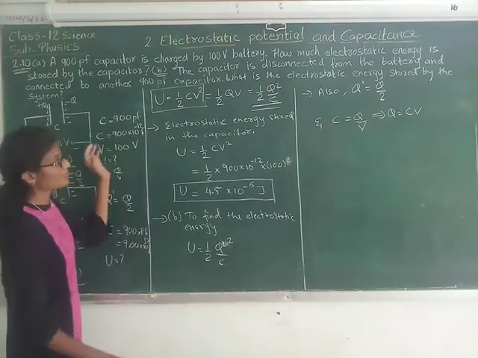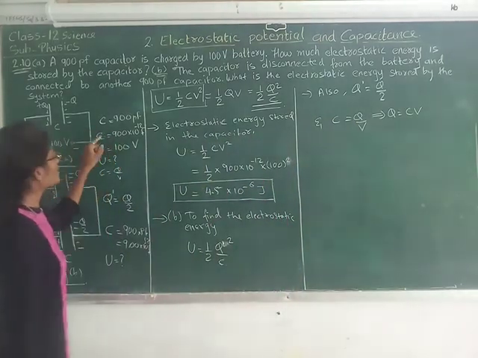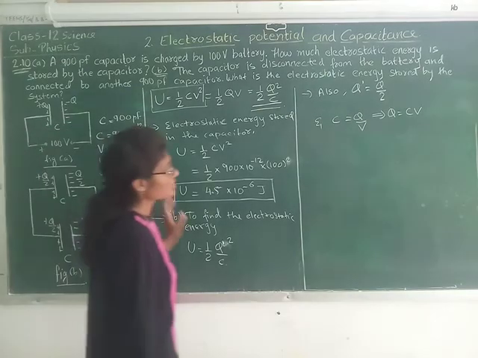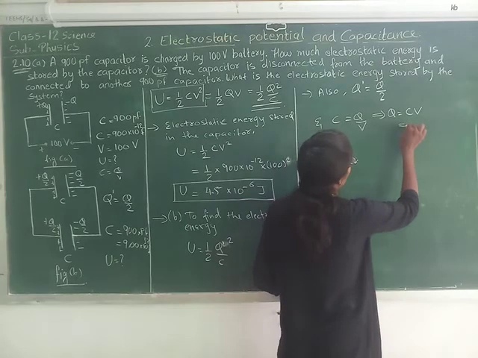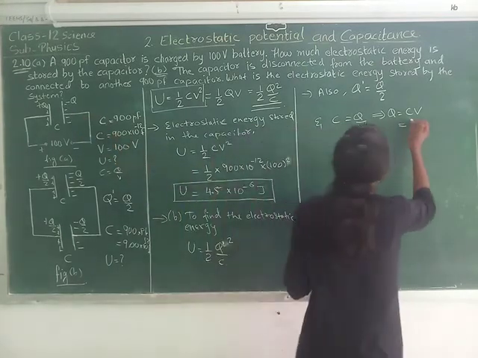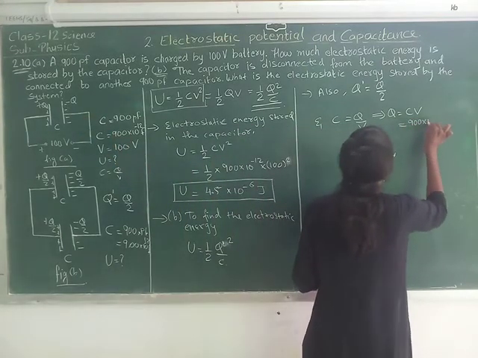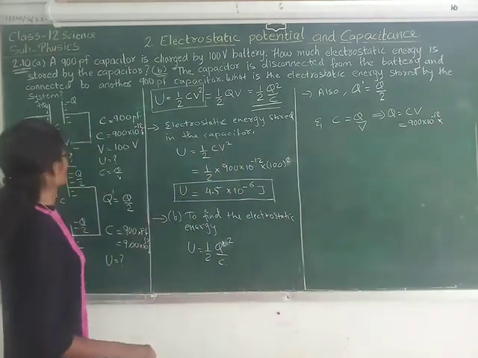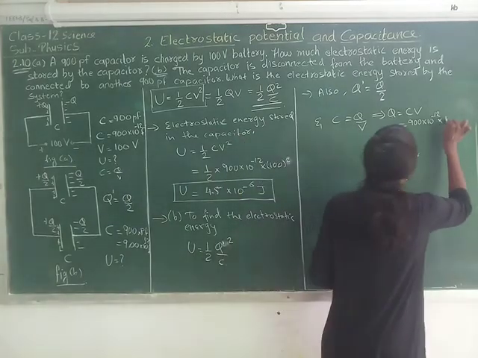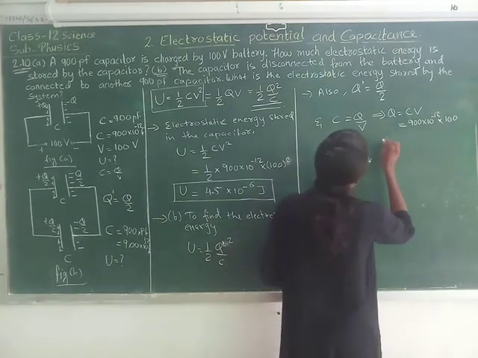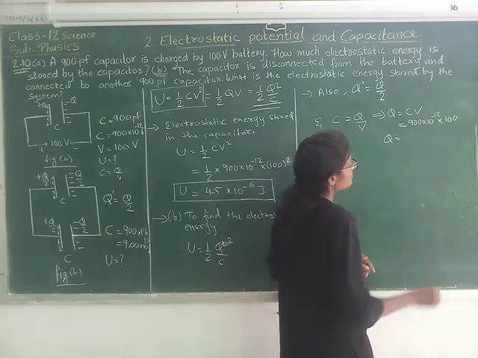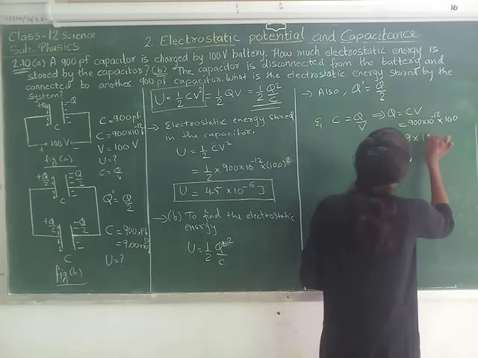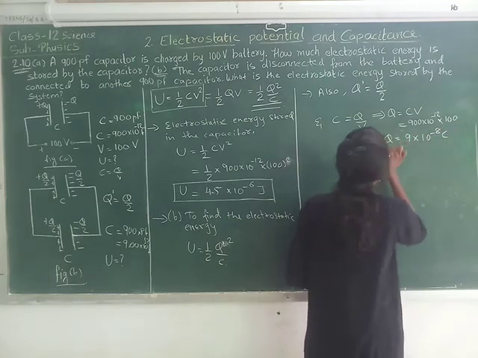Right? For the first part, we had C and we had V, so we can also find Q from this, for the first figure. So Q equals CV. Capacitance is 900 into 10 raised to minus 12, into the potential difference. Here the supply given is 100 volt. So Q is 9 into 10 raised to minus 8 coulombs.